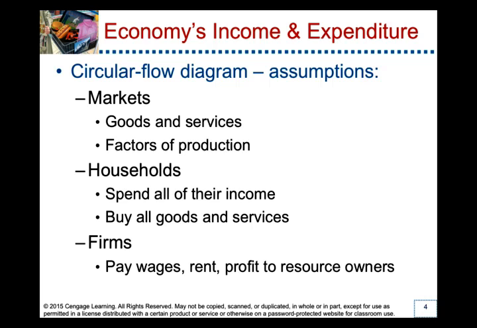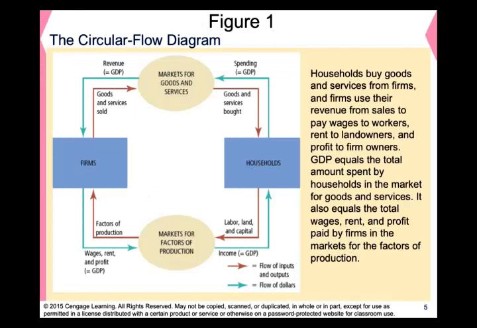As far as firms are concerned, on the one hand, they are the producers of various goods and services, and on the other hand, they were the ones hiring the various resources and using them in their production to produce goods and services. So again, this is the circular flow diagram.